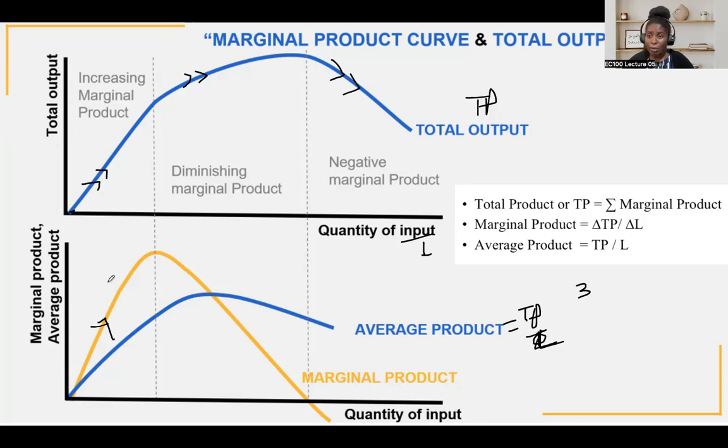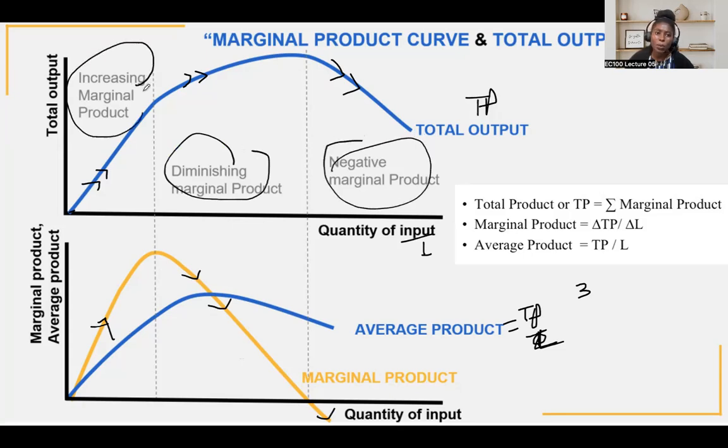Some laborers will be idle, without anything, so they will not really add to production. That's why you will start having this decline, even up to negative. I hope that is very clear. So you have to know what is meant by increasing marginal returns, diminishing marginal returns, and negative marginal returns. You have to know that.